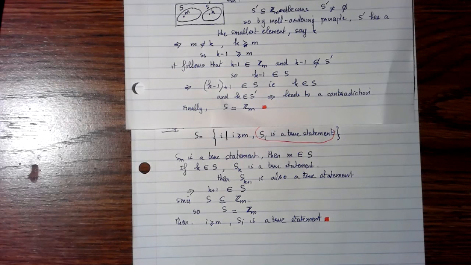So it means that you can prove one principle by using the result of another principle. Then if I have time, I will also prove strong induction, the second principle of mathematical induction, using the first principle of mathematical induction.